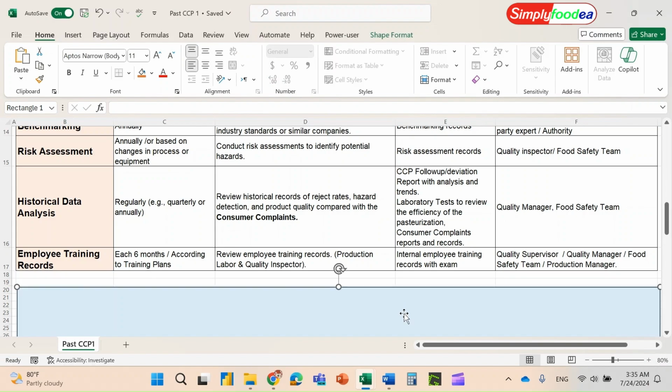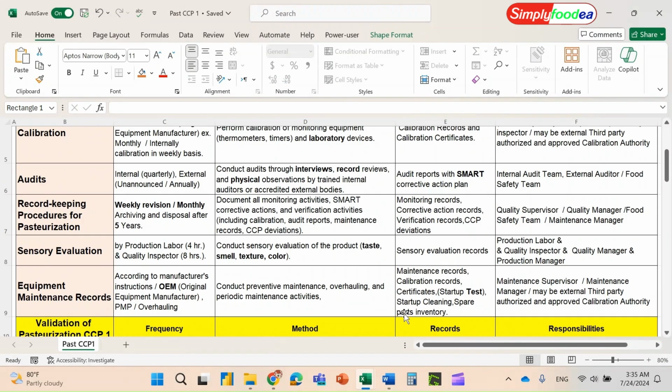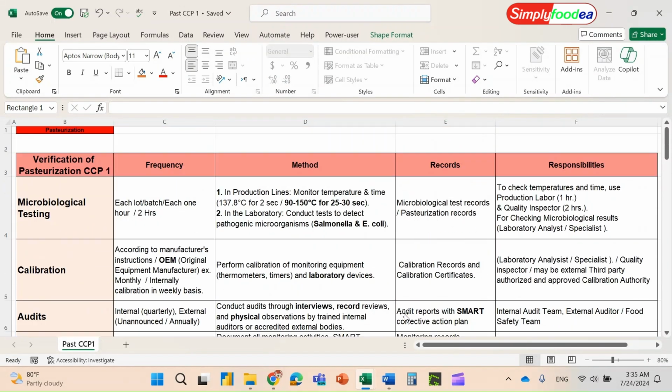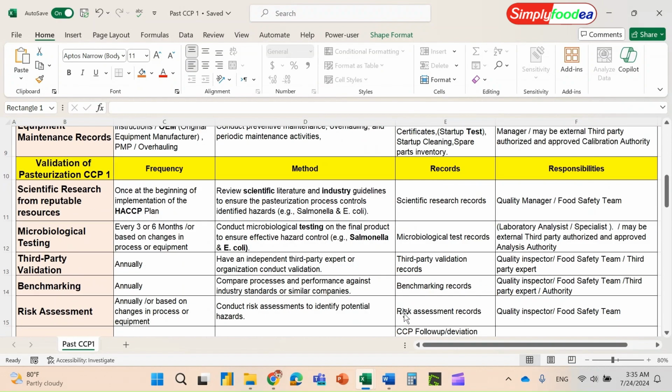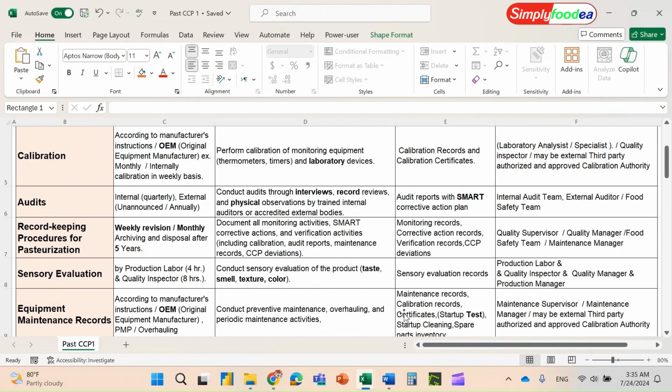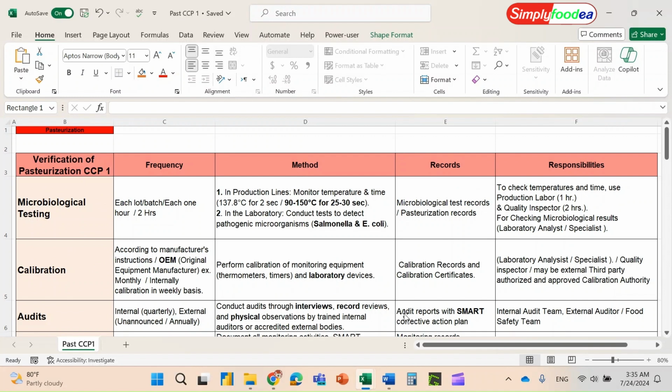We have finished the pasteurization process, with its verification and validation, which is very important. I hope I have explained this data properly.